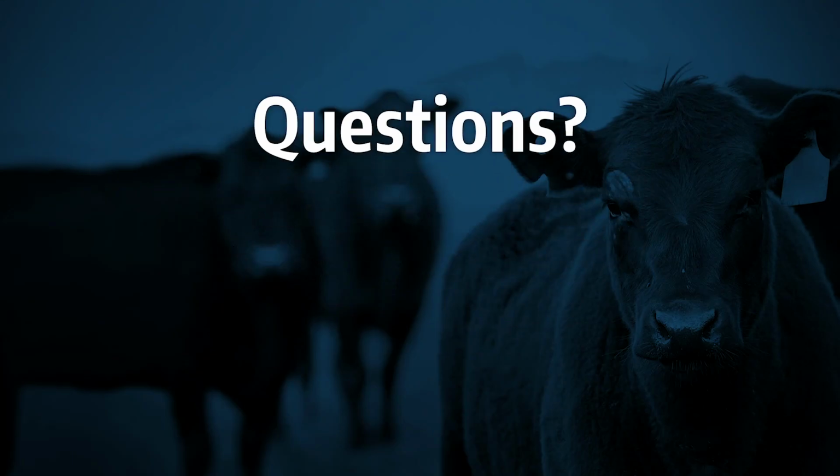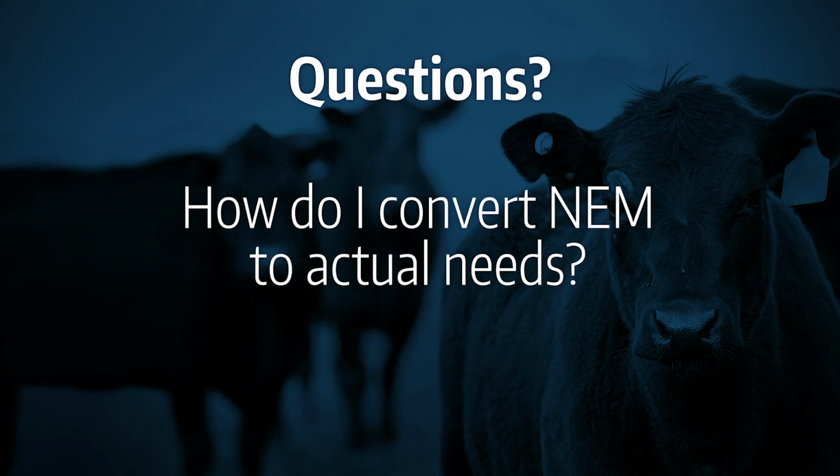Where will I find the tables for cow requirements, and how do I convert NEM to actual needs? Okay, I'll do the second one first. Net energy for maintenance is a number that we use, along with net energy for gain. Those are numbers that our computer programs will use to predict rates of gain.